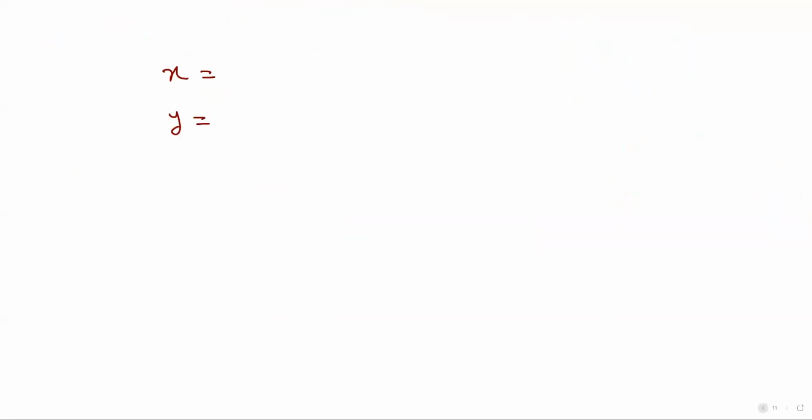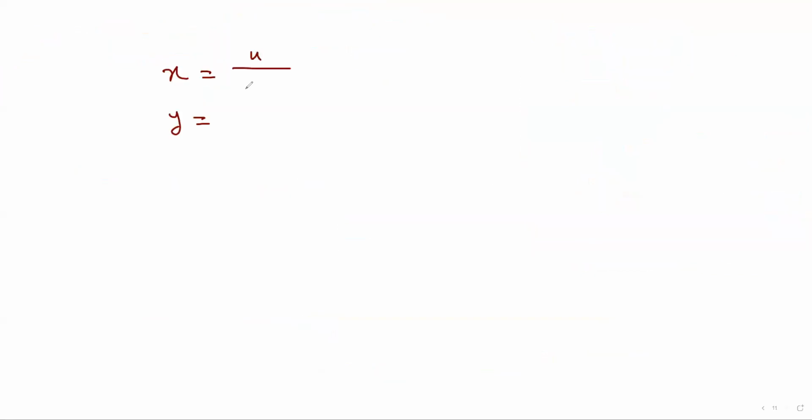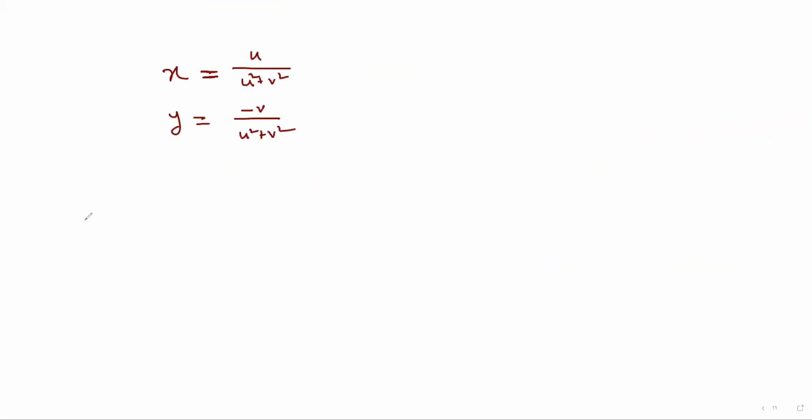So now we broke down the transformation equation into two different equations involving the real and imaginary parts, as if we are transforming coordinate-wise, right? So u by u square plus v square and minus v by u square plus v square. Now the original equation in the xy plane was x square plus y square equal to 1.